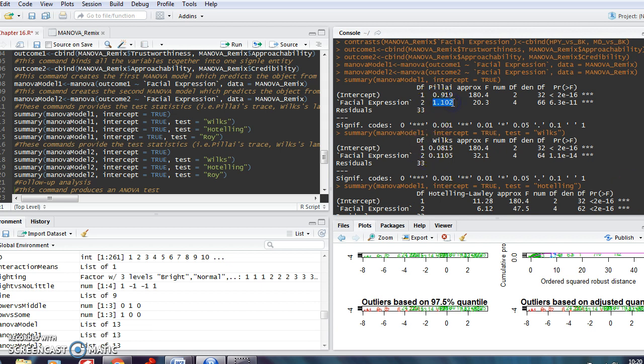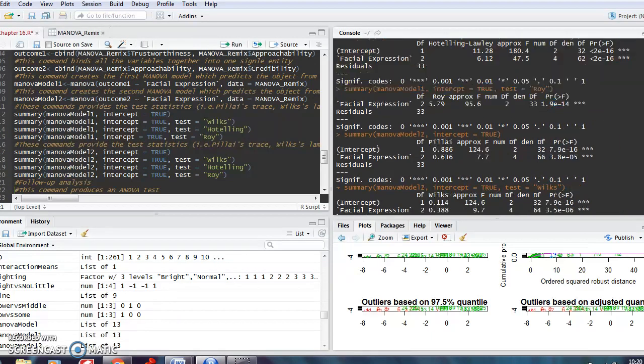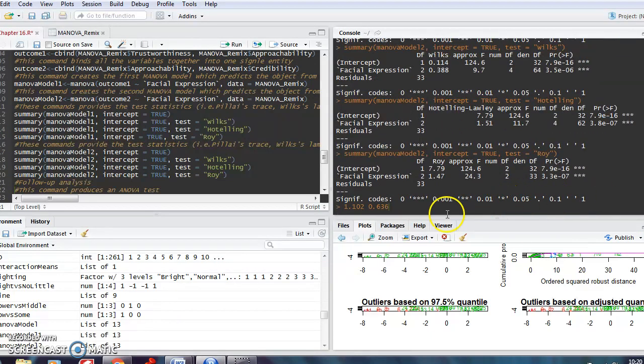We have 1.102 and a significance level of 6.3, and I'll just remember this number because I have short-term memory.